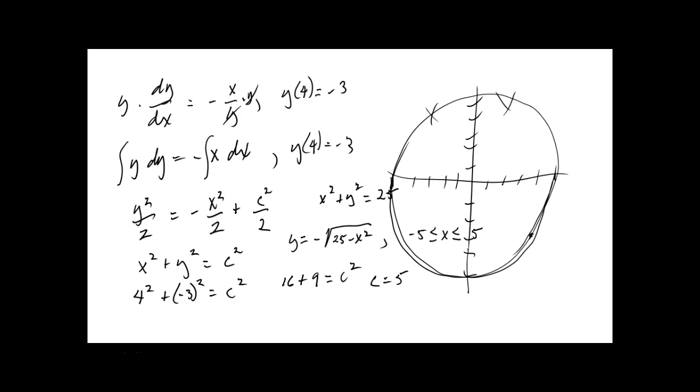And it seems like at one time I figured out why they said that. Oh, maybe this. A solution curve, they say, is the graph of a differentiable function. And this is not differentiable at the endpoints because you have vertical slopes there.